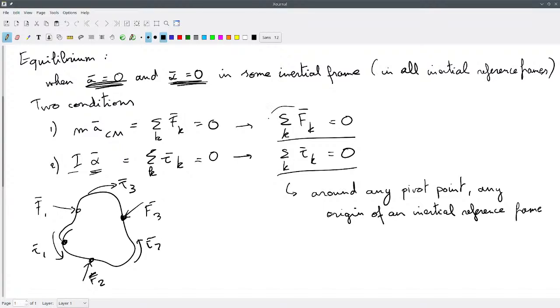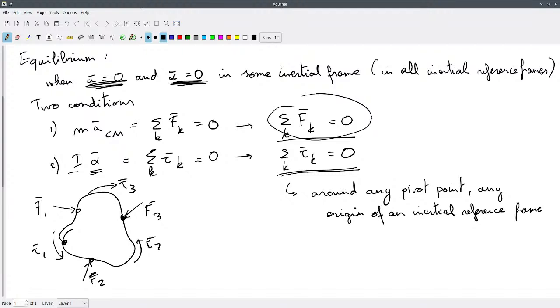We know for the forces, of course, that this doesn't really matter. The force balance, the first condition of static equilibrium, doesn't explicitly depend on the position of where we pick that origin. It's only for the second condition, where we have the torques, that it matters for the numerical evaluation where we pick the origin.